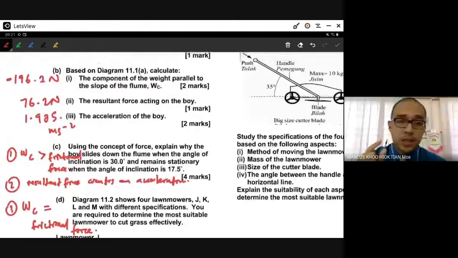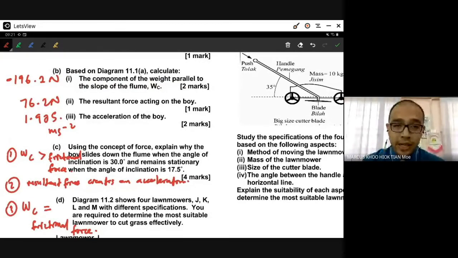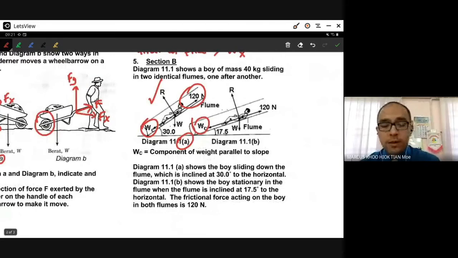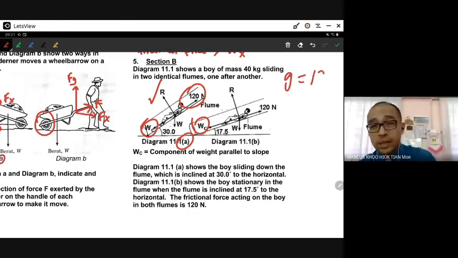Okay, there is a slight problem with this question. Actually, when you calculate, the resultant force actually is not zero lah, because we are using 9.81. When this question was formed, this question is actually old syllabus lah. We used to use g equals 10.